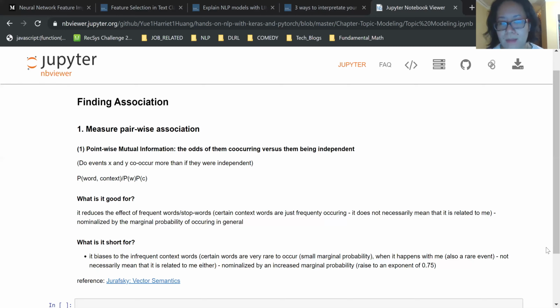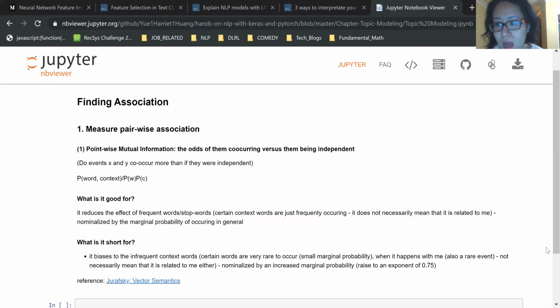So therefore, my numerator of co-occurring is a rare event, just because one of them is just rare to see in general. So in this case, the PMI is high, but you cannot say that these two items are related to each other, right?